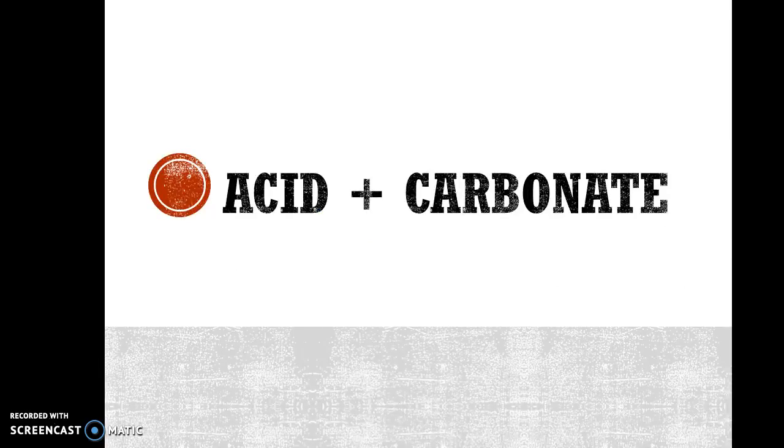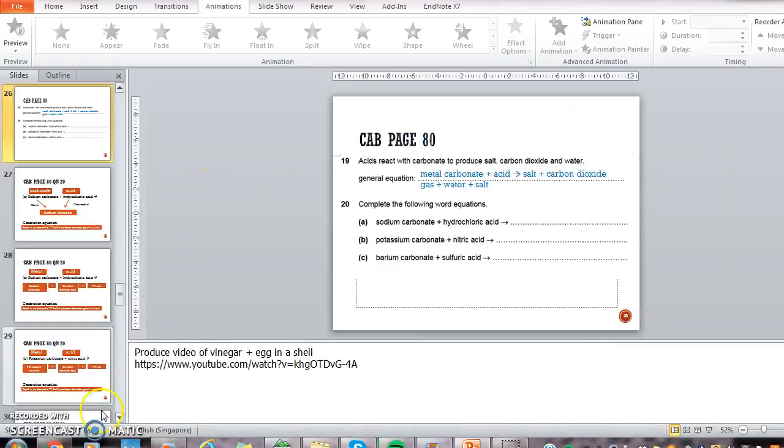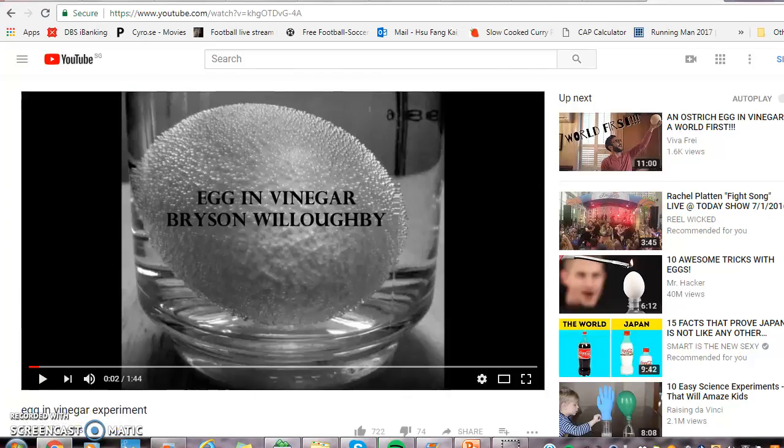Now let's move on to the third reaction that we're going to learn today, acid plus carbonate. Similarly, I'm going to show you a video of a carbonate and the acid itself. So watch this video, pay attention carefully.